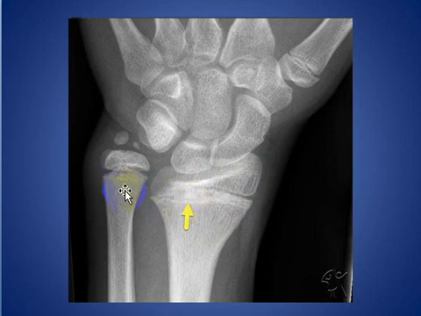Ulna plus variance means the ulna is longer than the radius, and can cause injury to the fibrocartilaginous complex and impaction of the lunate bone. And we see here the ulnar styloid is fragmented.